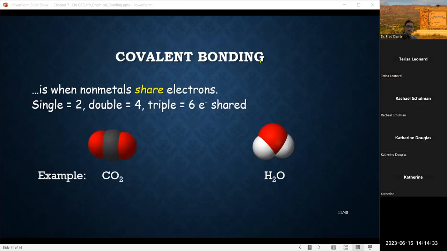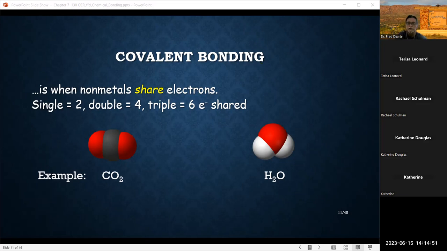All right, covalent compounds. With respect to covalent compounds, I did write an example of water, and I drew a line, and that represented a single bond.